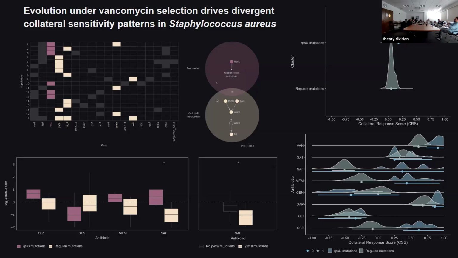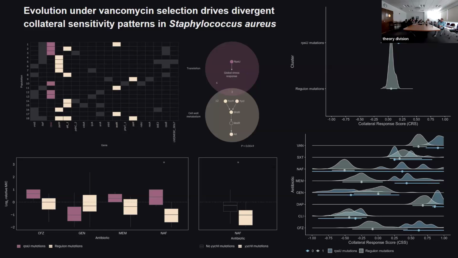So given this, we asked, how do these genotypically divergent populations respond to the second line drugs? We found that for some drugs, it greatly depends upon the path that evolution took, how the populations would respond.